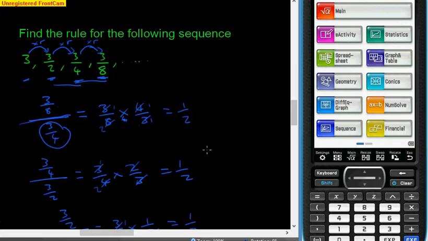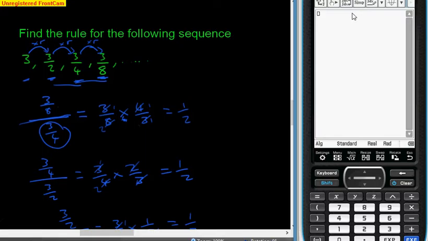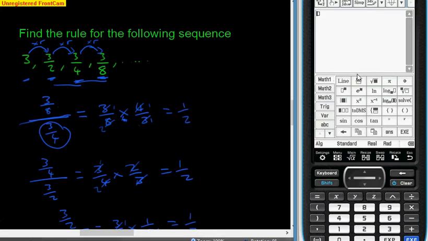Now this fraction stuff I know may disturb some people, so let me go over to the calculator and show you how you deal with that on a calculator. We'd want to be in the main screen, and we're going to use the keyboard functions. So here we go. We've got this fraction symbol here with the dark and light boxes and the line in between. If I do that, it gives me a fraction. I'm going to do the first one, 3 quarters divided by 3 eighths.